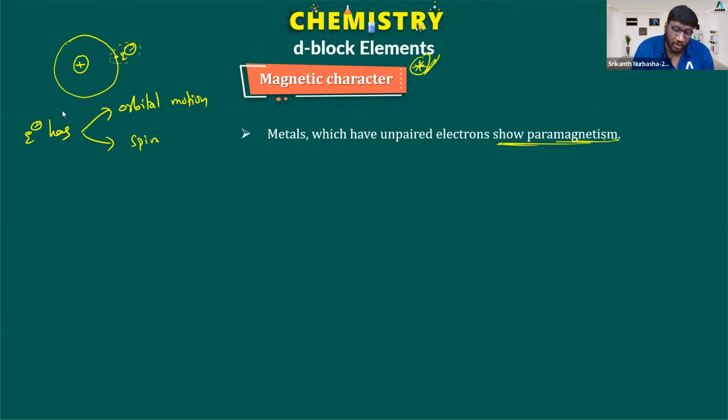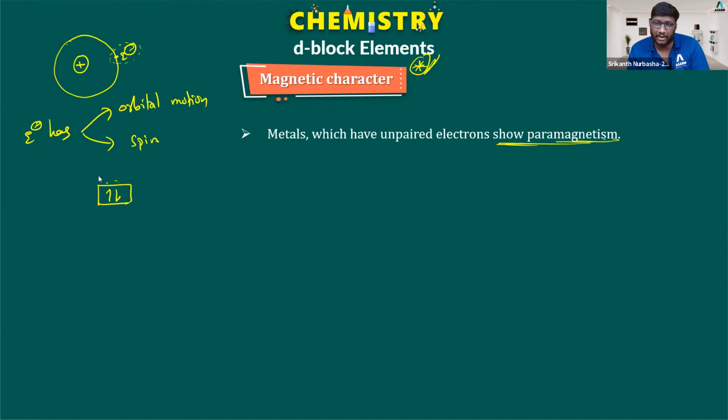If one more electron comes in an orbital, how many electrons can be placed? 2 electrons. One electron is there, it has some magnetic field. The other electron, if it has a different, opposite spin, the magnetic fields are going to be neutralized. So whenever you have an unpaired electron, that unpaired electron behaves as a tiny magnet, it will develop some magnetic field.